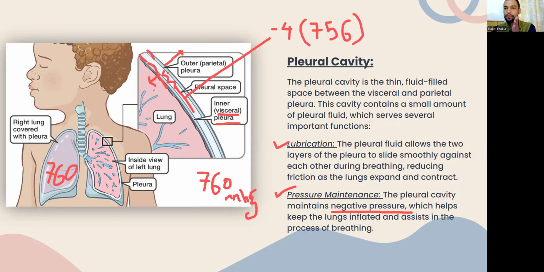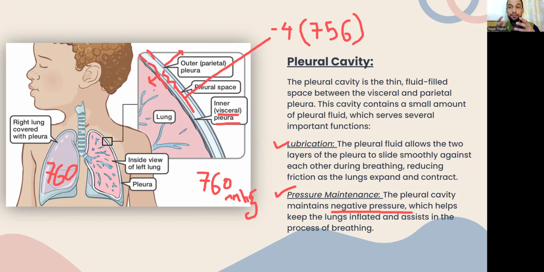But the outer pleura wants to go out with the lung as the intercostal muscles are contracting. And then inside the pleural cavity, there is a -4 mmHg pressure, due to which the lungs will constantly stay inflated. Does this make sense?